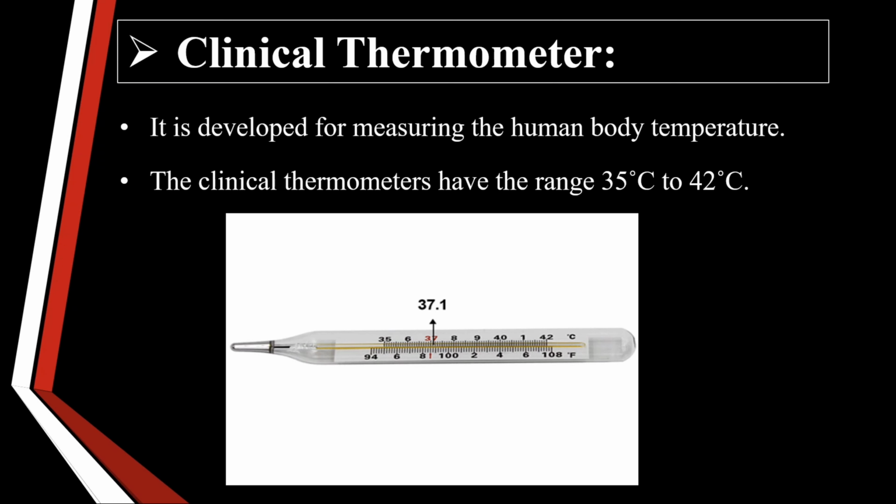Hence, the clinical thermometers have the range 35 degrees Celsius to 42 degrees Celsius. The level of mercury tells our body temperature in degrees Celsius. Since mercury is a toxic element, these thermometers have been replaced by digital thermometers nowadays.